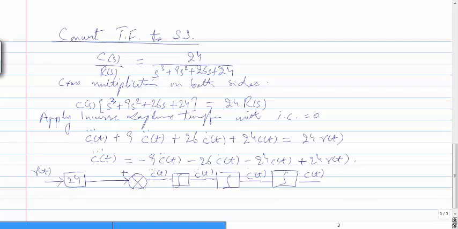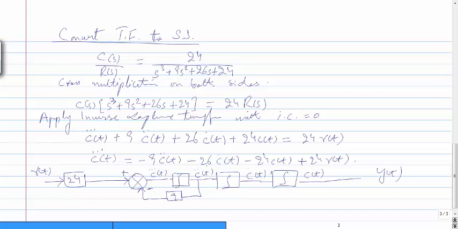Now we say that the output is our c of t, so this becomes y of t as well. Now because c of t is multiplied by 24 with a minus sign to make this term, we start with the highest one. The second one is with 9, we put it here with a minus sign.